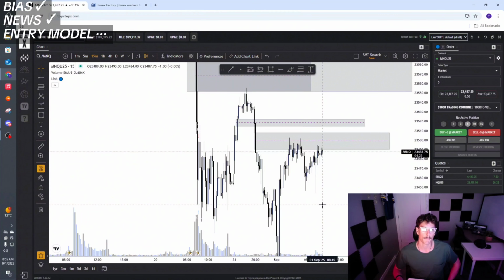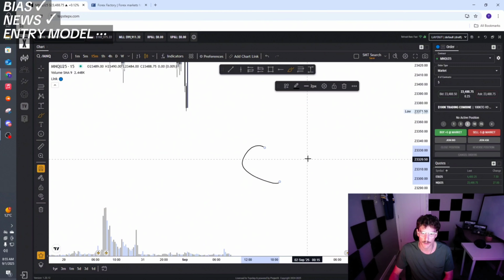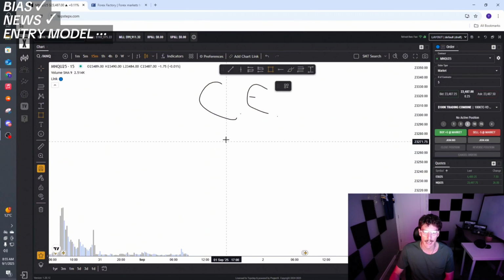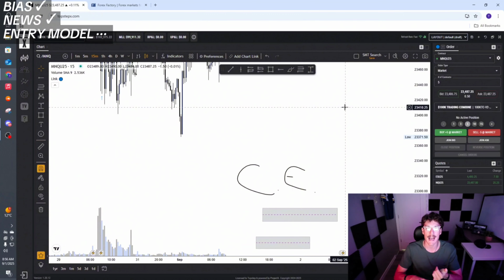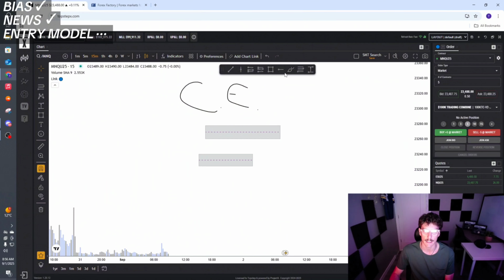But number 3, my entry model. So in a nutshell, what is it exactly? What I trade is consequential encroachment, or as I like to call it, CE. So CE is a fair value gap, an inverse fair value gap, or a wick of a prominent high or low within the market. Okay, so CE, what is it exactly?